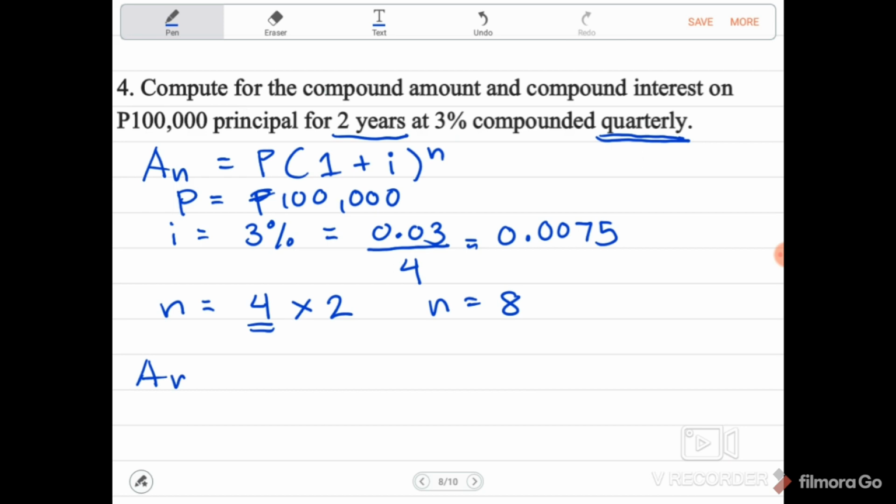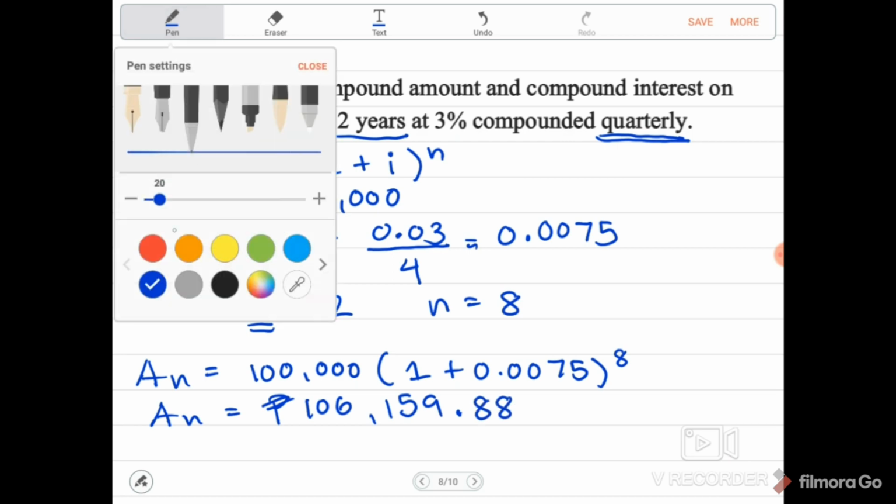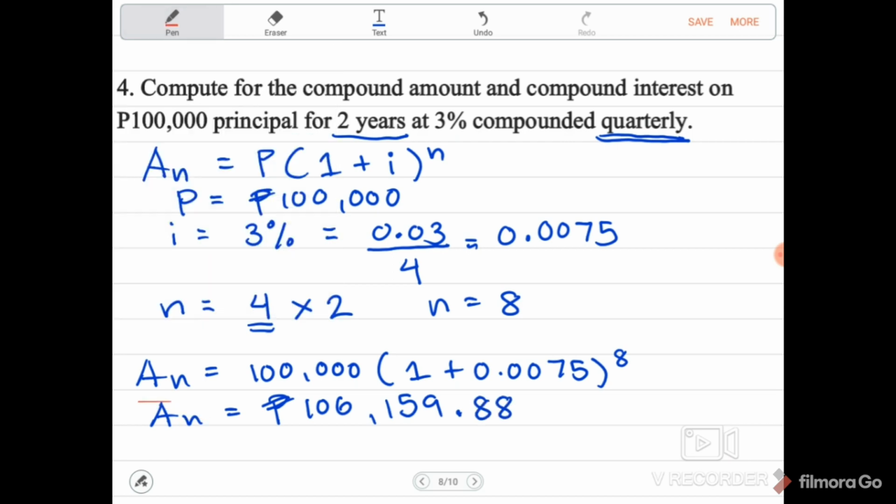Yan na. Substitute lang natin sa formula natin. So, A sub N is equal to 100,000 times 1 plus 0.0075 raised to 8. Okay? So, A sub N natin will be equal to 106,159.88. So, ito na yung ating pinaka-compound amount.